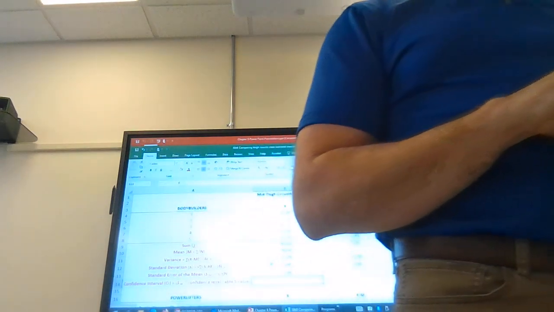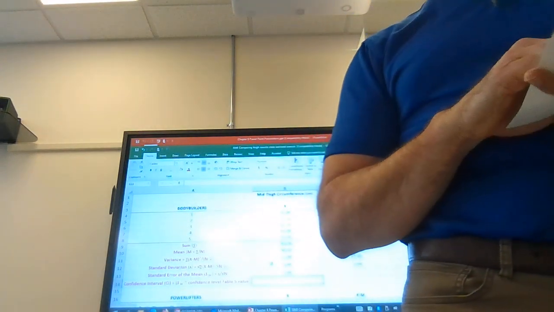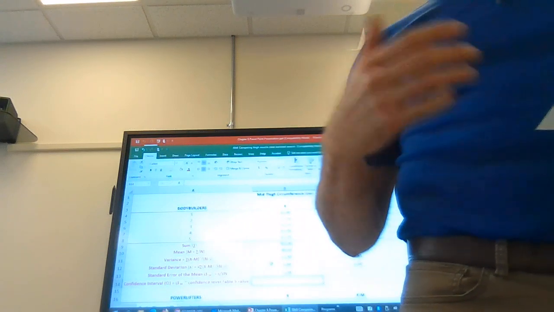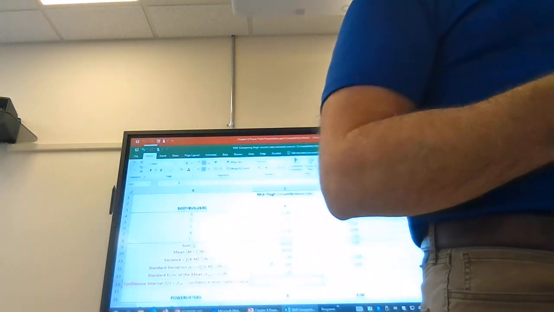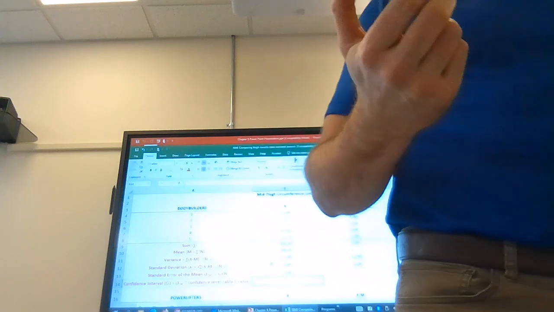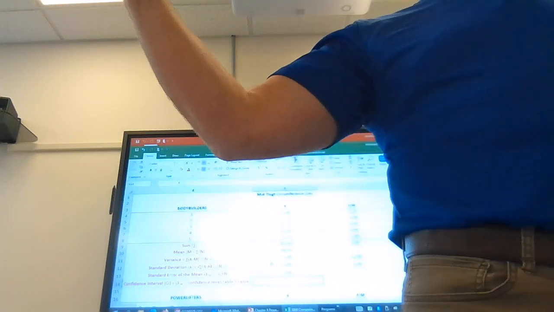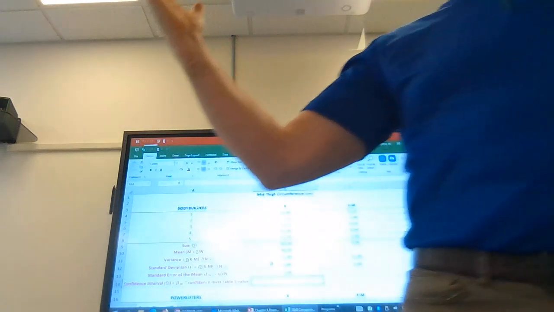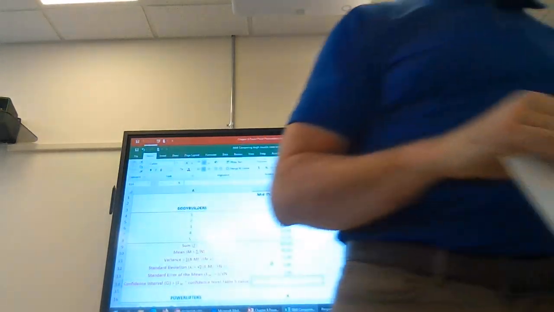So why this is important: once we have our confidence interval, because we're at the 0.05 column, we're 95% certain that the population mean is going to be between two values that represent our confidence interval. What if we wanted to be 99% sure? What value would we use then?